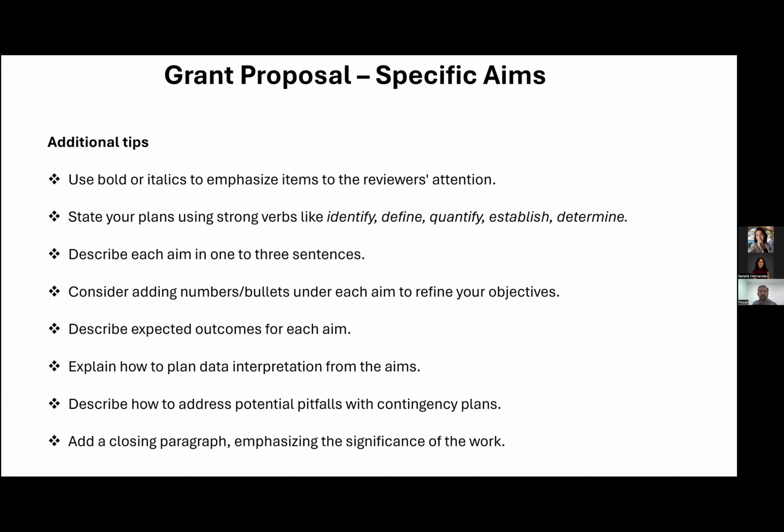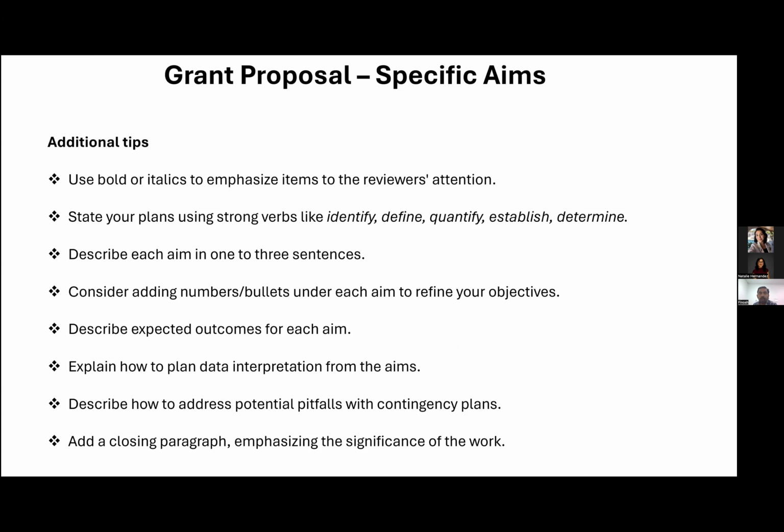Okay, then additional tips include, if you want to bring the attention of your reviewers to some critical findings or some critical points, you can bold it, italicize it, or somehow project it.